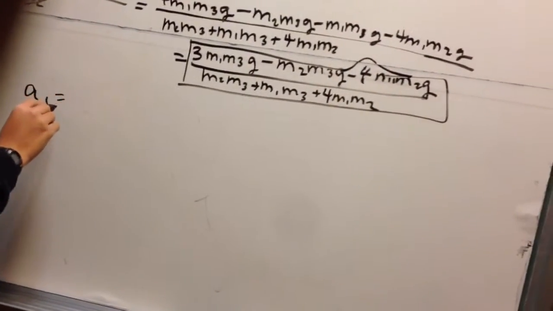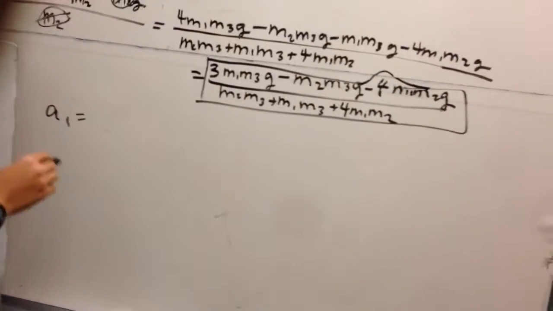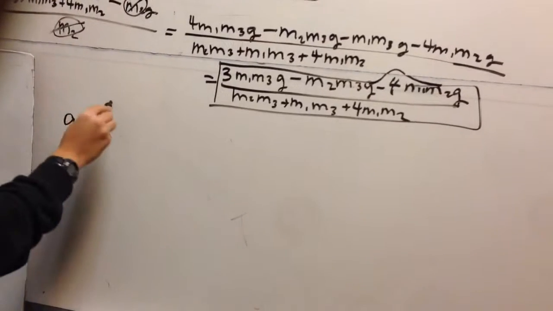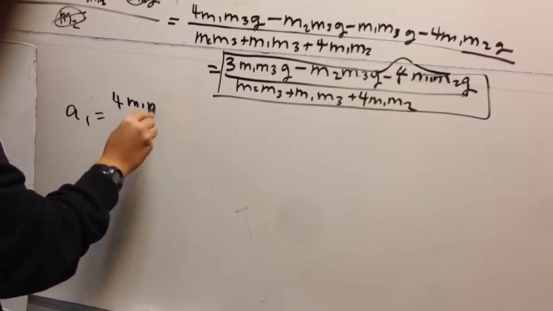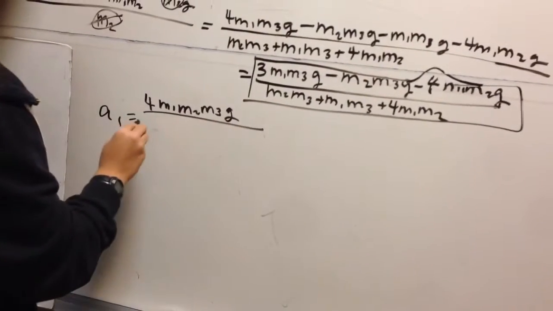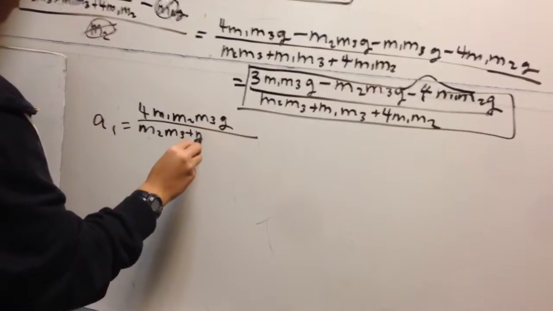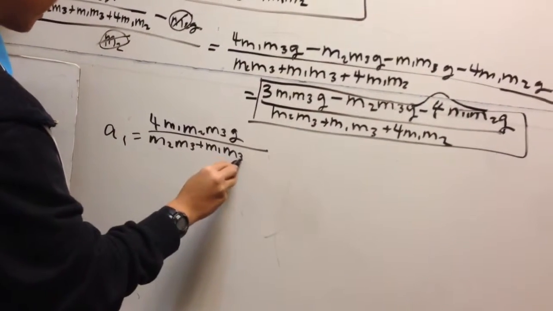A1 is equal to FT1 minus M1 g all over M1. So FT1 is that. So tiring to write it down.